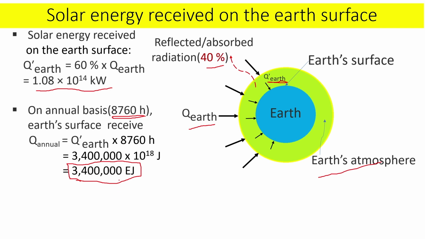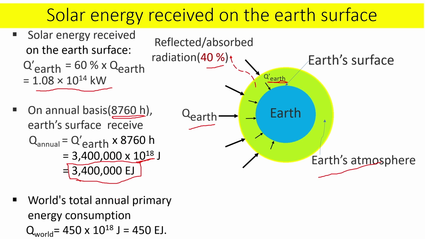So it receives this much exajoule. EJ means exajoule. Exajoule is 10 to the power 18 joule. And let's see how much is the world energy consumption. The world's total primary energy consumption is only 450 exajoule.